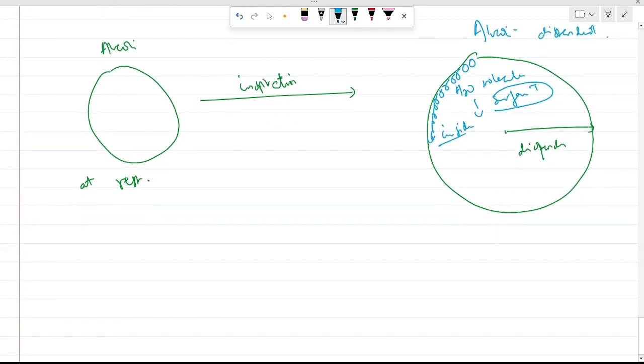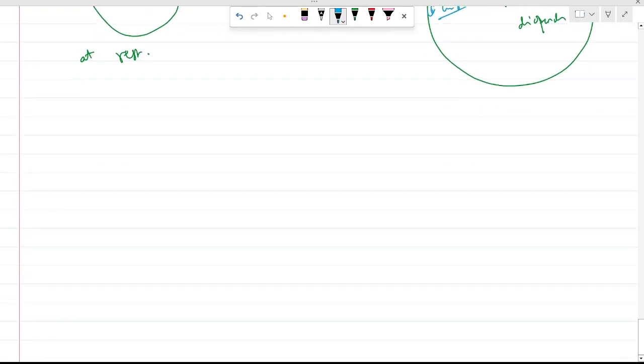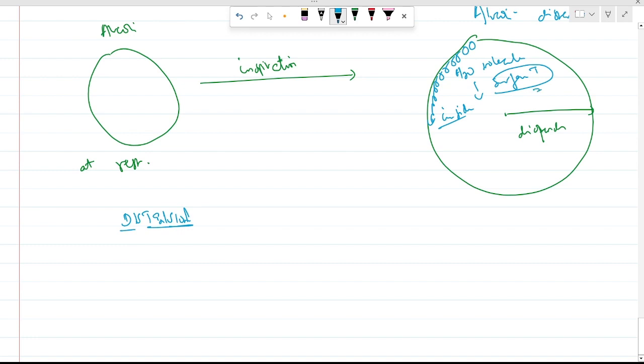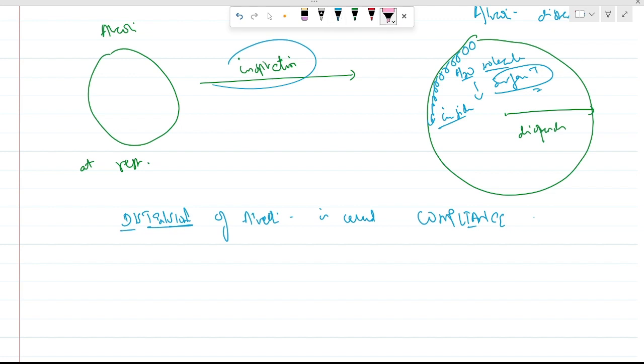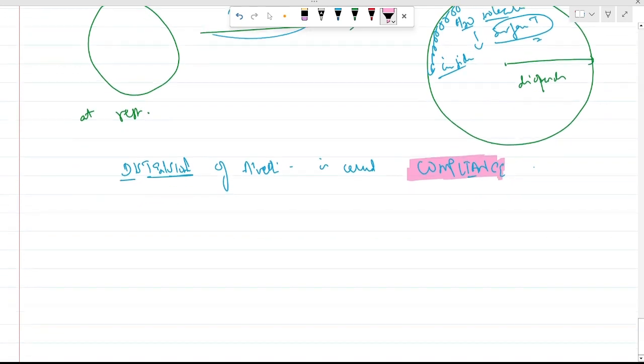Now this distension against the surface tension due to water molecules, the distension of alveoli, is called our all important compliance. This is the first important discussion we are going to see. The distension of alveoli on inspiration against the surface tension acting due to the water molecules is called our compliance. The first important concept to be understood here.